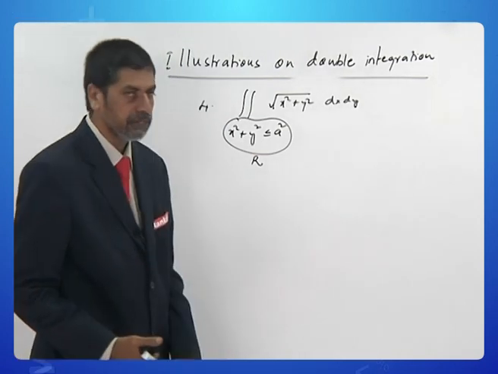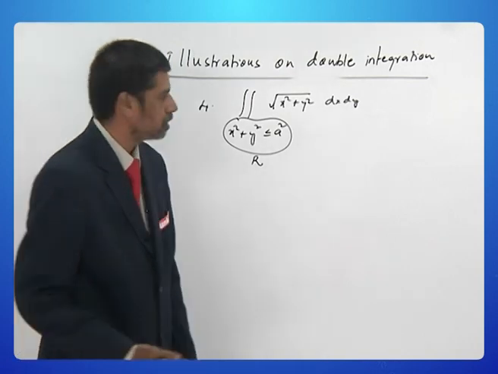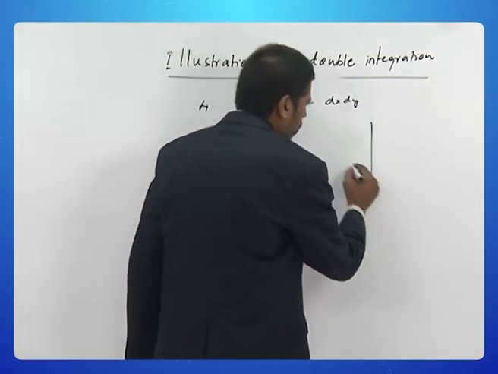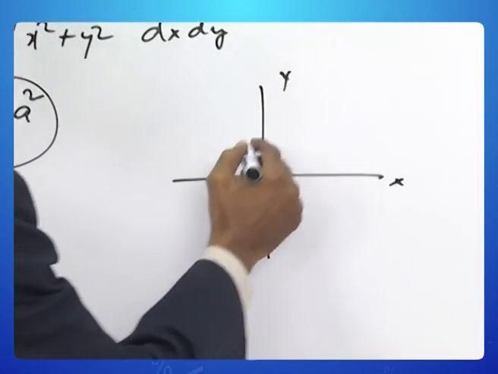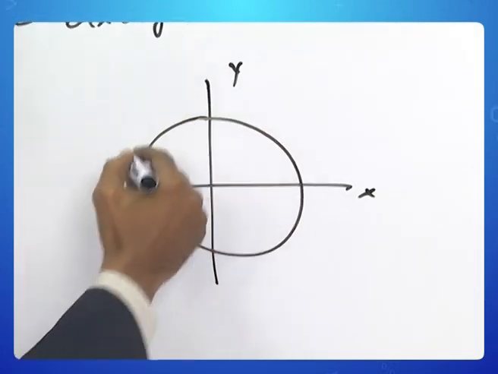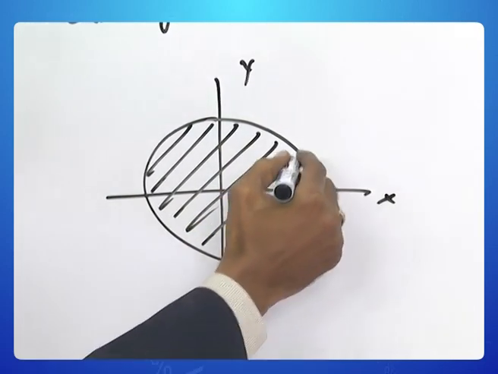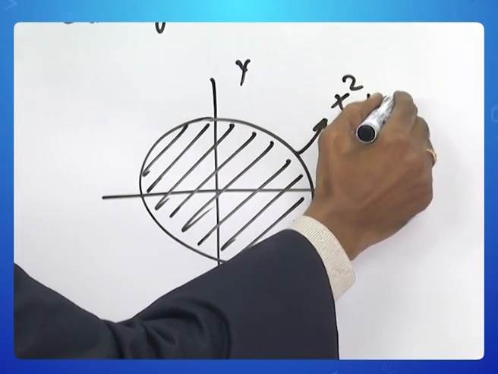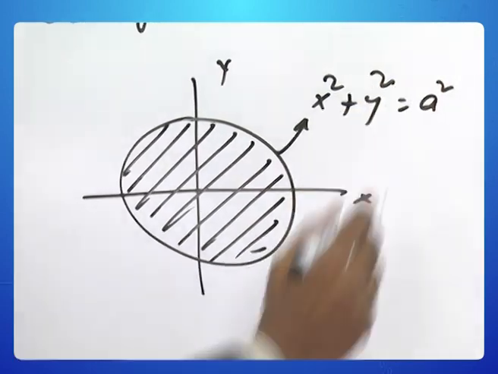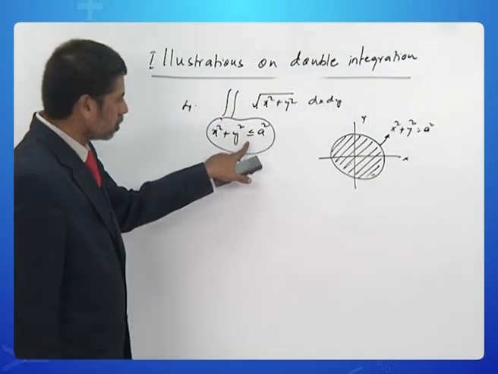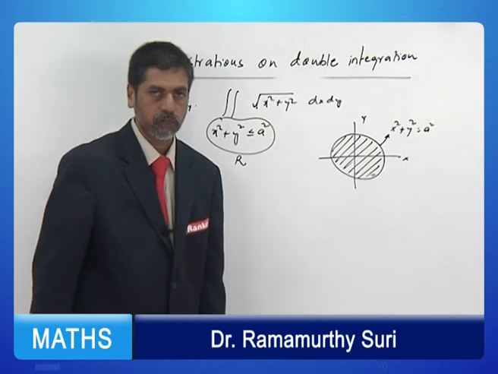It is the interior of a circular disc. So this circle is x squared plus y squared equal to a squared. So when we say less than or equal to, it is the interior of this circular disc.